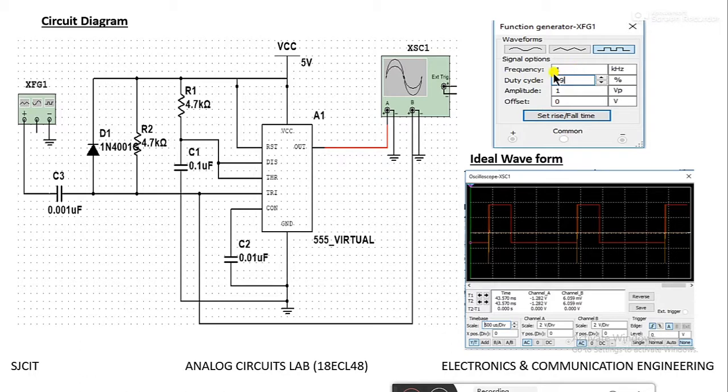So frequency is 500 hertz, duty cycle 99%, amplitude 1 volt peak to peak. You have to set the duty cycle to 99%, frequency 500 hertz, and you should select pulse, ideal waveform.